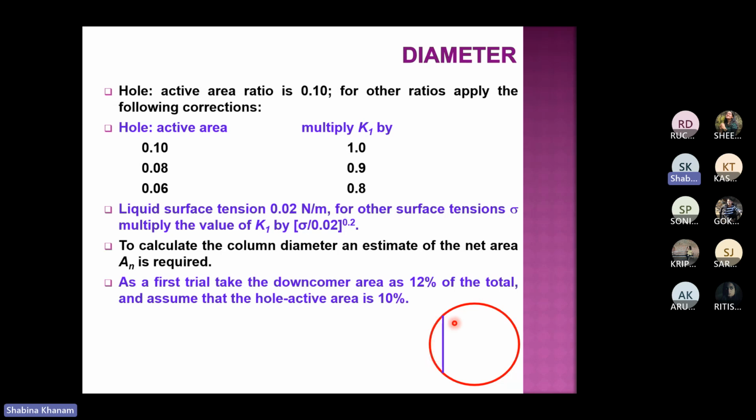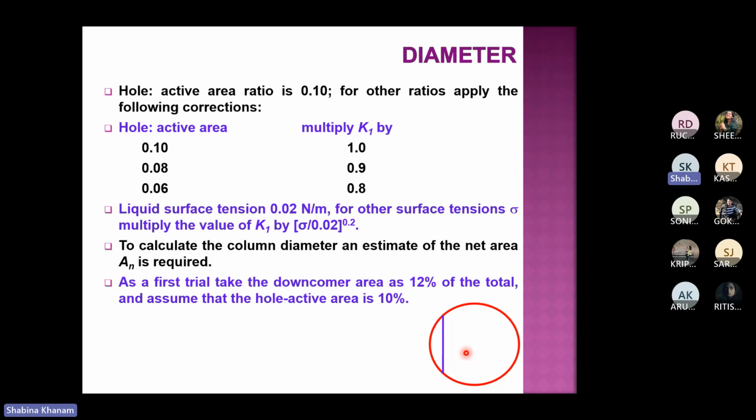Now this is the net area, and this 12% is of the column area. So net area is available with 88%. 12% of total area is downcomer area, 88% of total area is the net area.